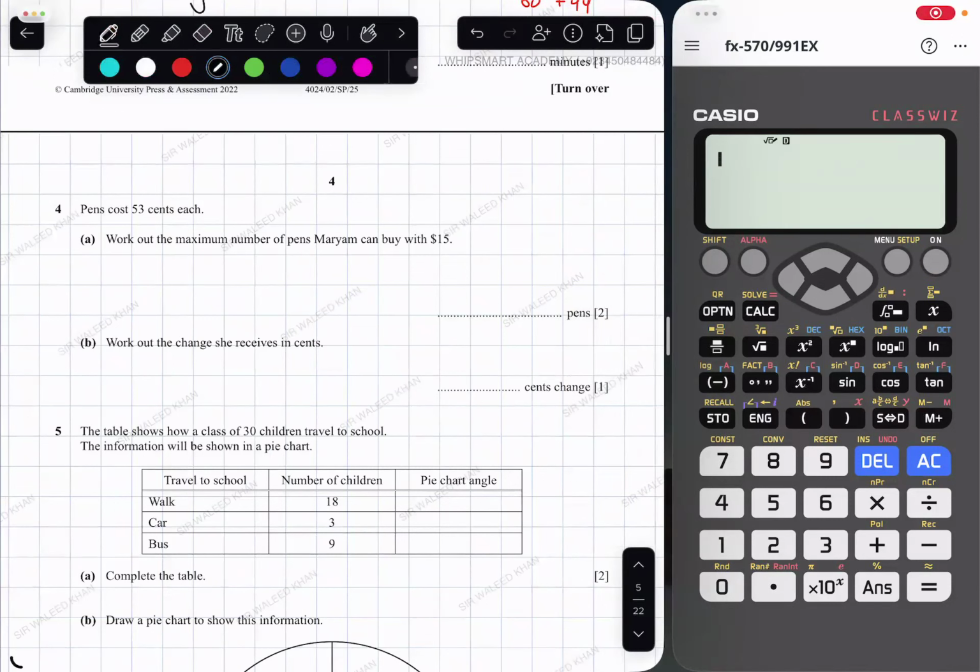So we have $1, $1 representing 100 cents. So that means this becomes 1500 cents. Okay. So 1500 divided by 53.